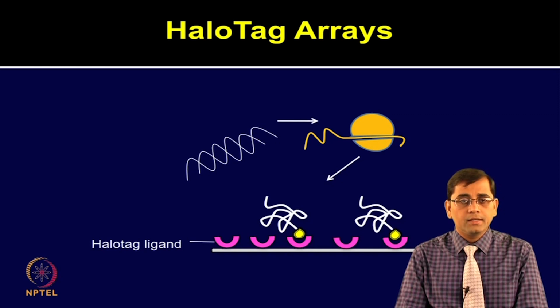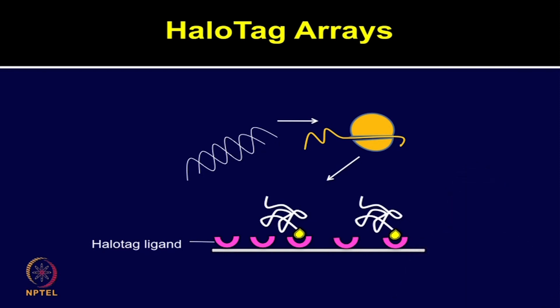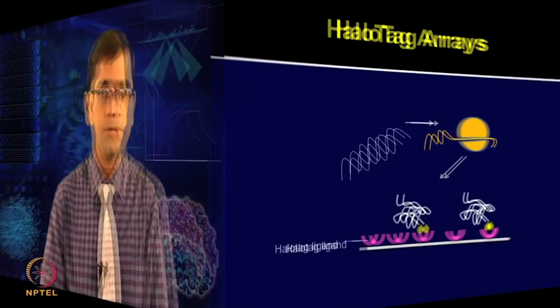In protein arrays, one needs to perform several washing steps. If the proteins or the molecules are bound on the surface with very strong interaction, then there will be minimal loss from the surface, which can be achieved in this case by using Halotag system.